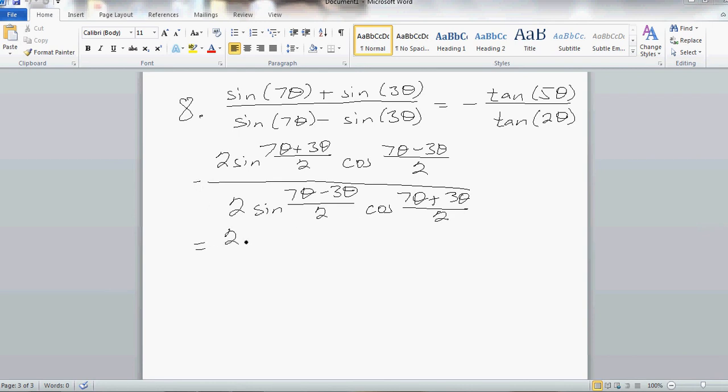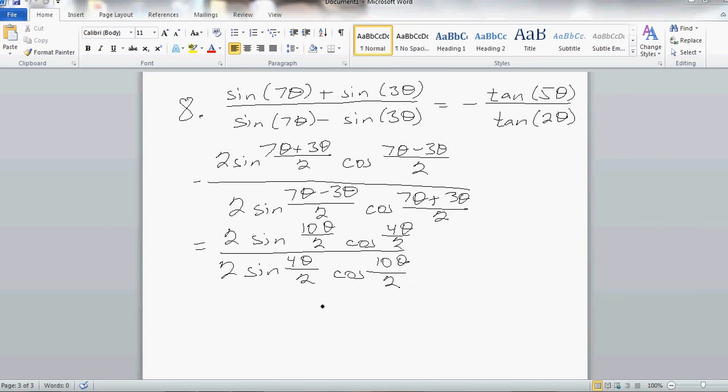So this equals 2 sine of 10 theta over 2 cosine of 4 theta over 2 all over 2 sine of 4 theta over 2 cosine of 10 theta over 2, which equals 2 sine of 5 theta cosine of 2 theta over 2 sine of 2 theta cosine of 5 theta.